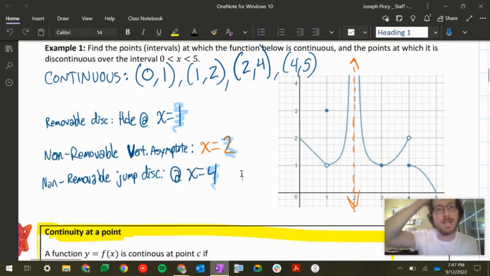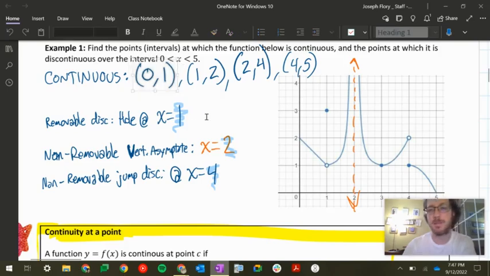Then it also asks for the intervals where it is continuous. If we go from 0, which is the beginning of our domain, to 1, our first discontinuity, there's that first piece. Because it's discontinuous at 1, we want to continue to use parentheses and not square brackets. So these are intervals, not coordinate pairs.